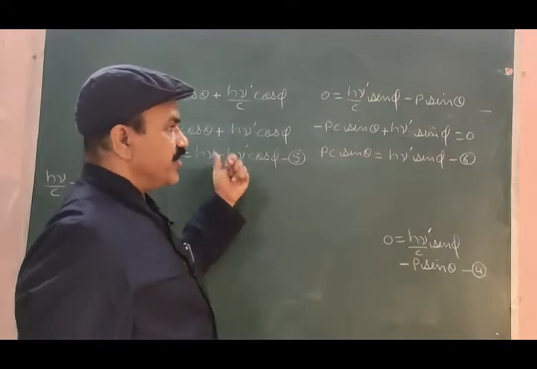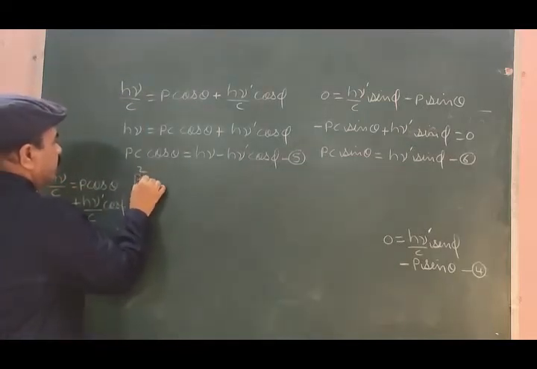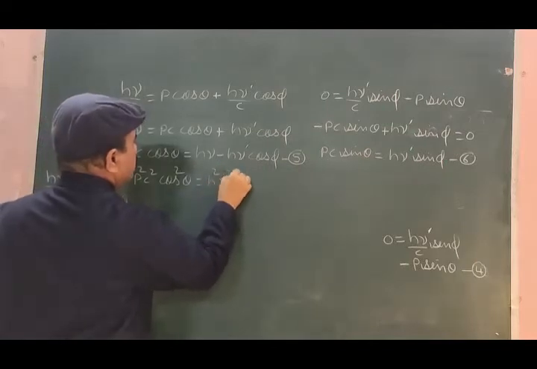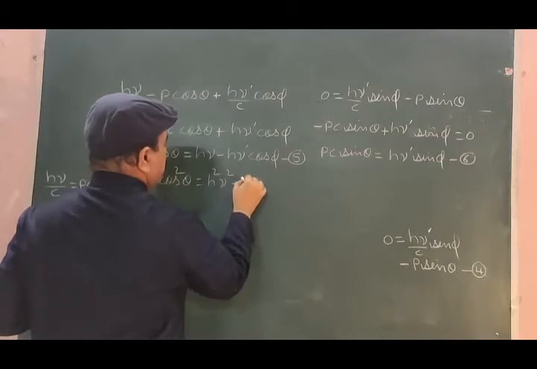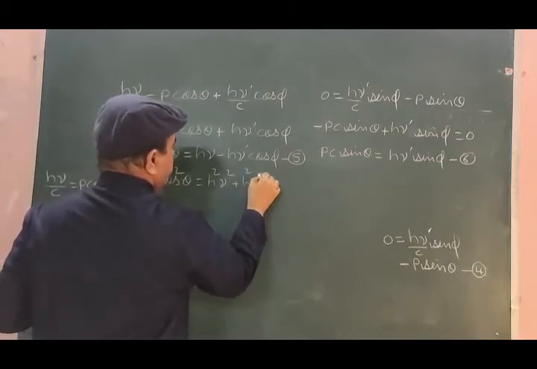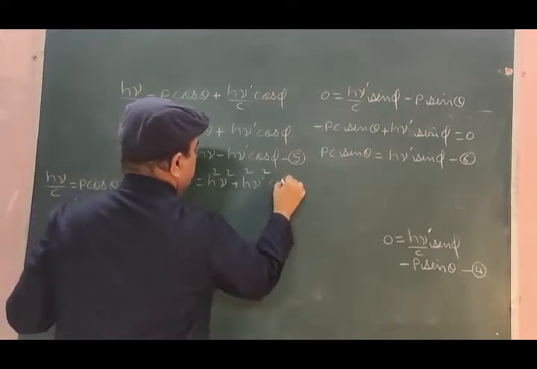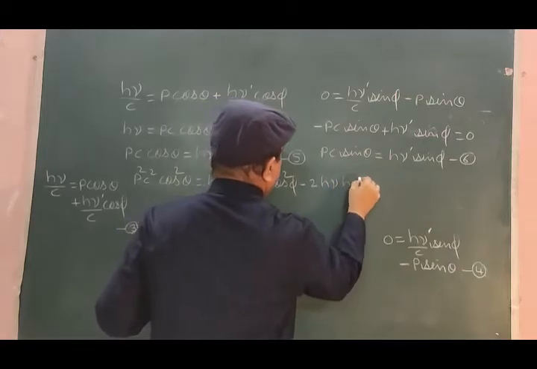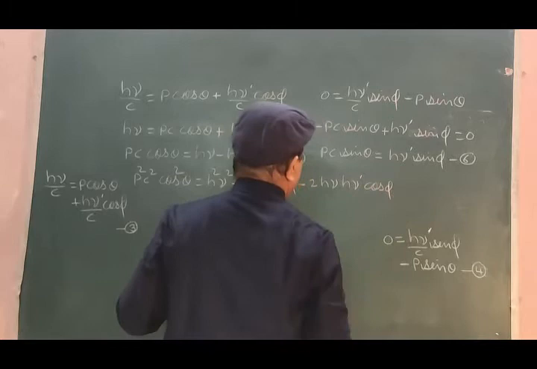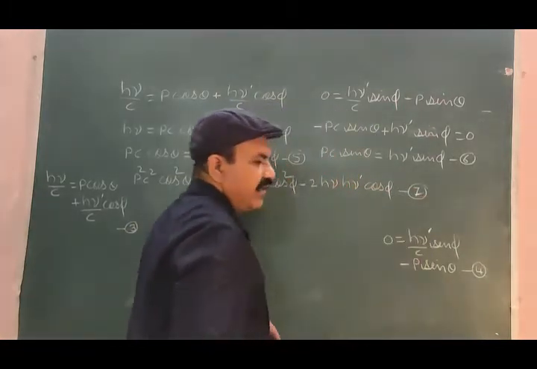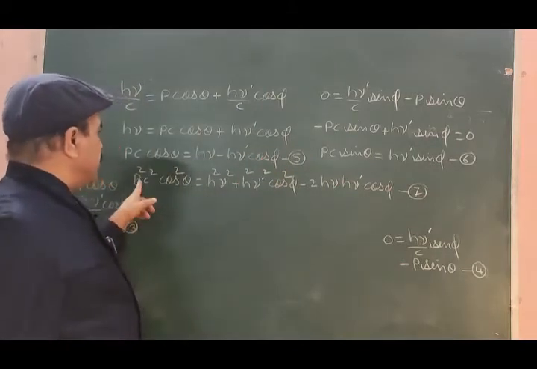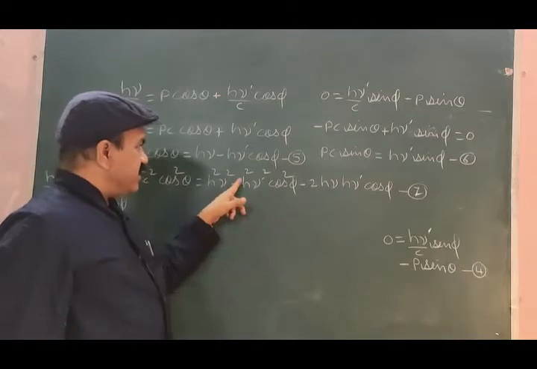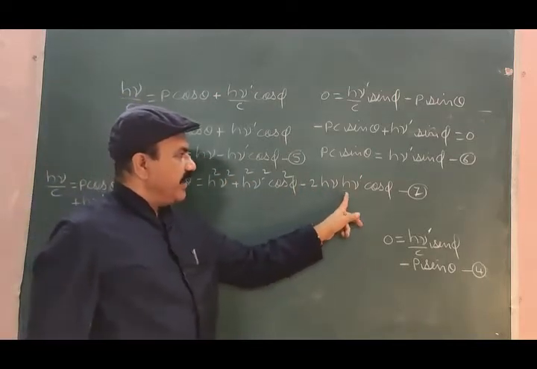Let us square equation 5 on both sides. What we get is P square c square cos square theta equals a square plus b square, where a square is this and b square is this, minus 2ab.